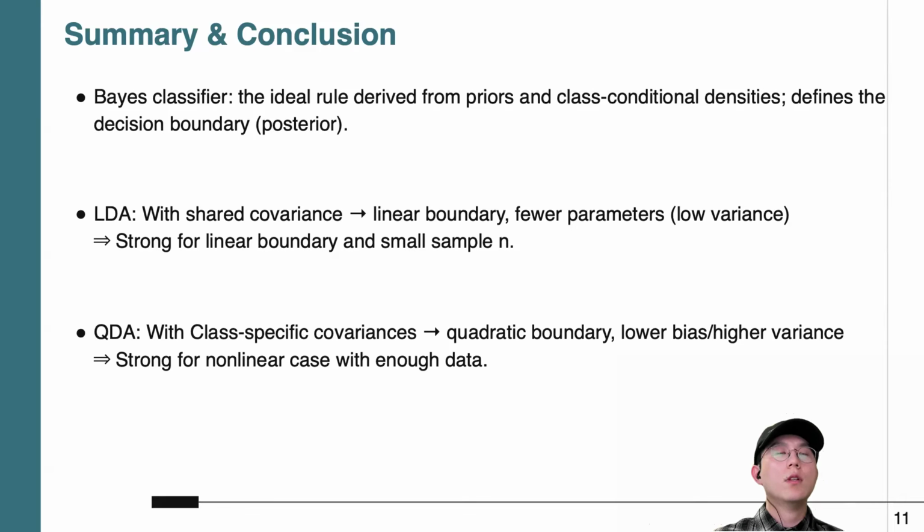QDA has a different covariance per class, so it has quadratic boundaries and lower bias. It is strong in the non-linear case with enough data. Thank you.